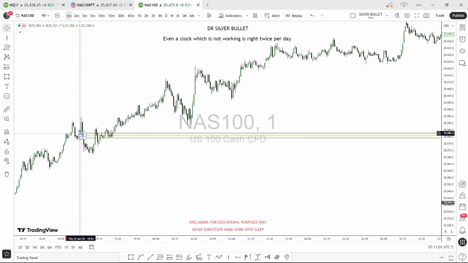At this point, go and practice this on your demo accounts and see if it works. Try to look for the first presented fair value gap after 1900 hours. Then see how the market reacts to the first presented fair value gap.